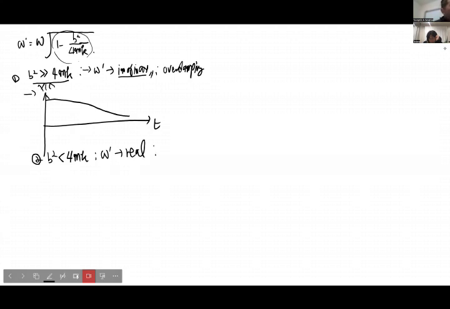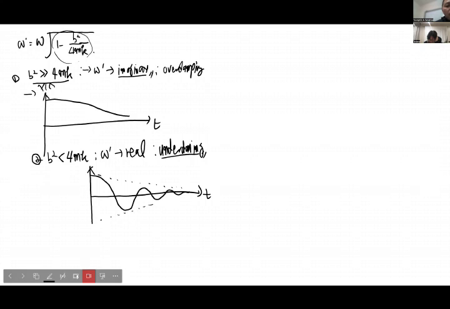That is called underdamping, because your amplitude has a few oscillations before it comes to rest. So it will be like this. This is t, and that will be like this. It swings a few times and comes to rest, following the typical pattern of a simple harmonic oscillator, if b squared is smaller than 4mk.